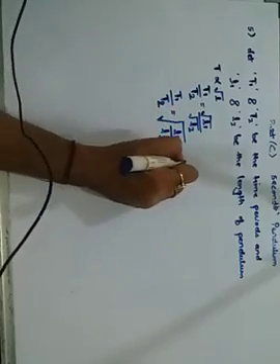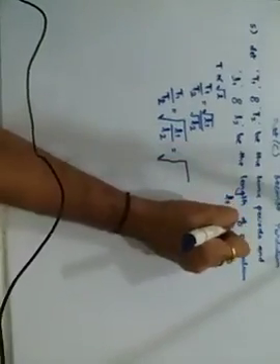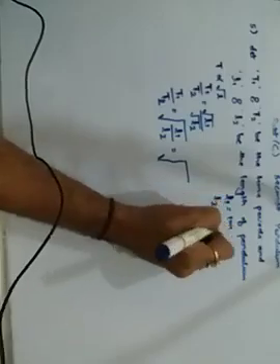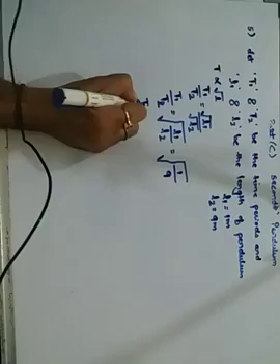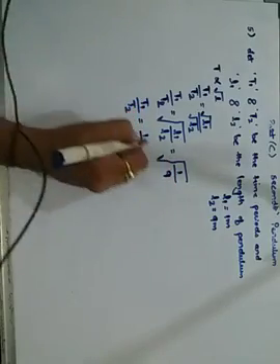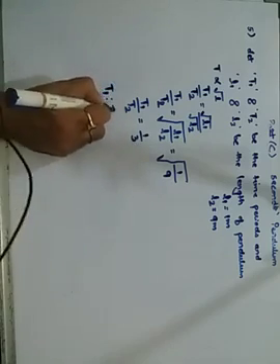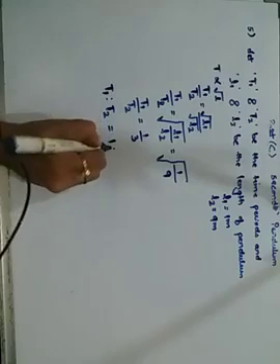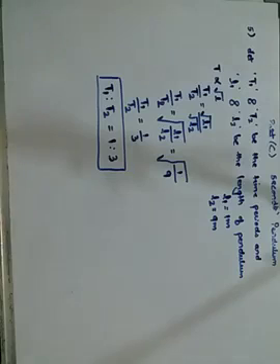L1 is given 1 meter and L2 is given 9 meters. So when I substitute, 1 upon 9, therefore T1 upon T2 is equal to square root of 1 is 1, square root of 9 is 3. So you only wanted the ratio, therefore T1 is to T2, the ratio is 1 is to 3. This is the answer for comparison between the two time periods when the ratio of the lengths is given to you.